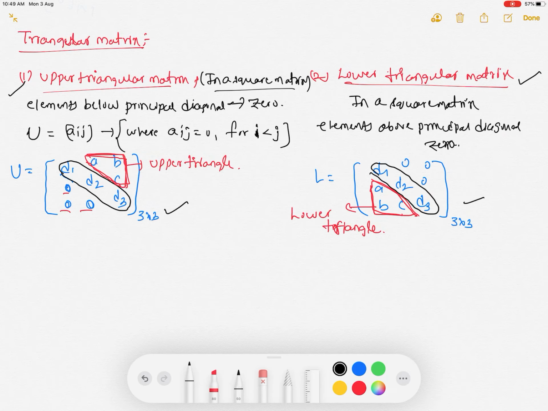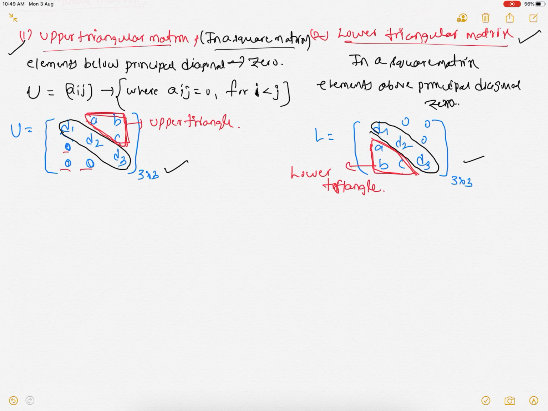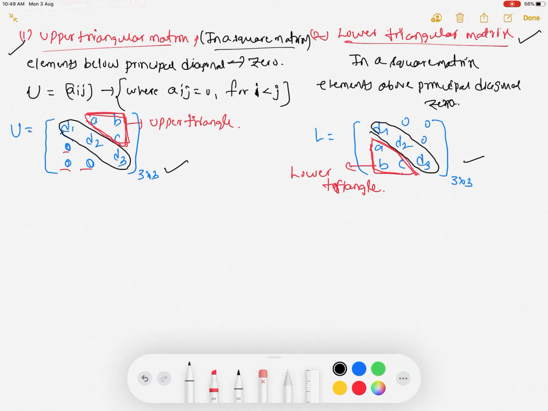Why? Because these elements are there. If you see the position of the elements here, U is A11, A12, A13, A21, A22, A23, A31, A32, A33.